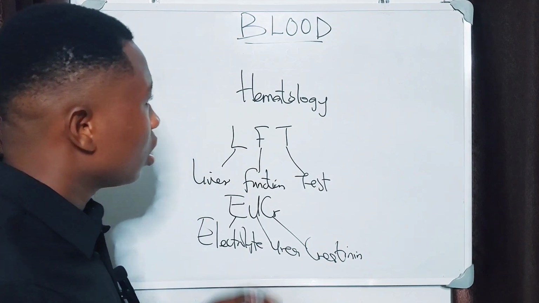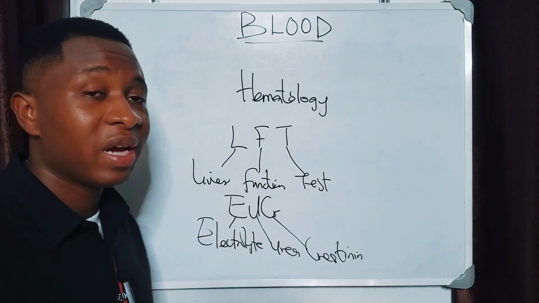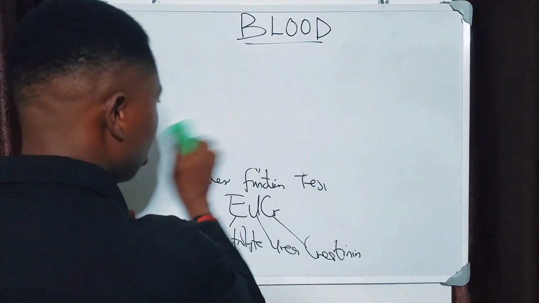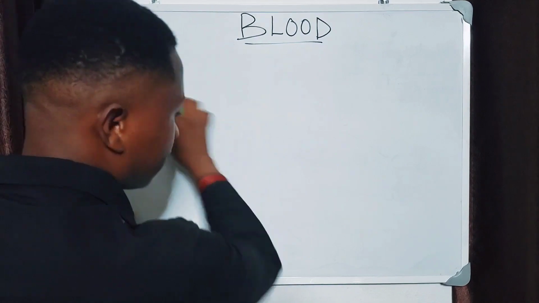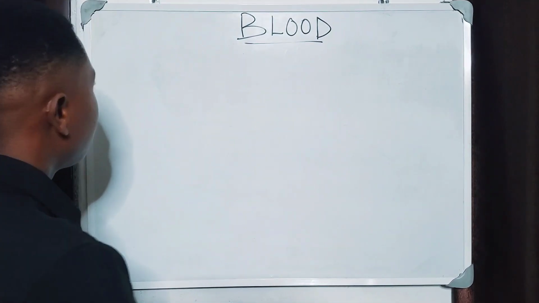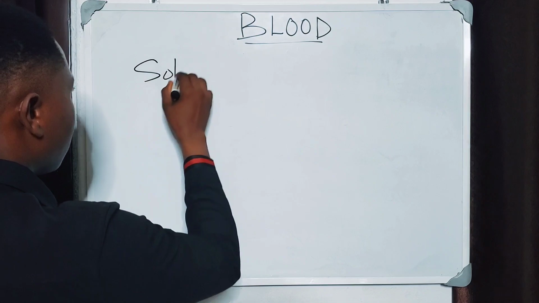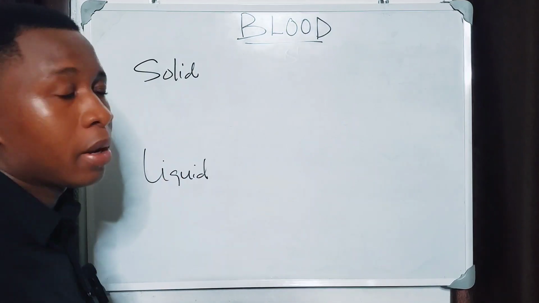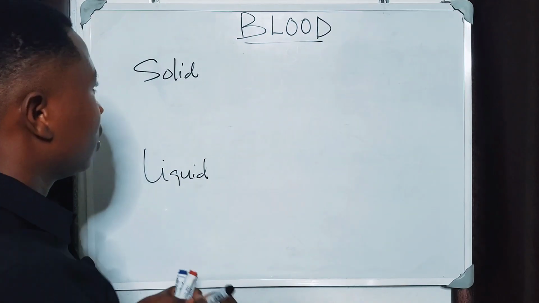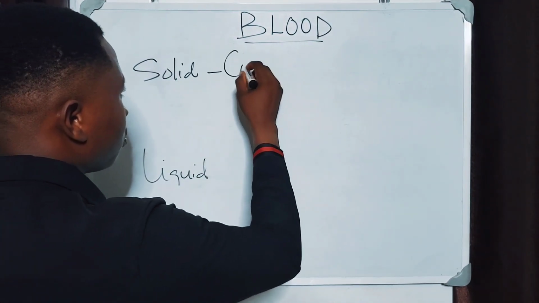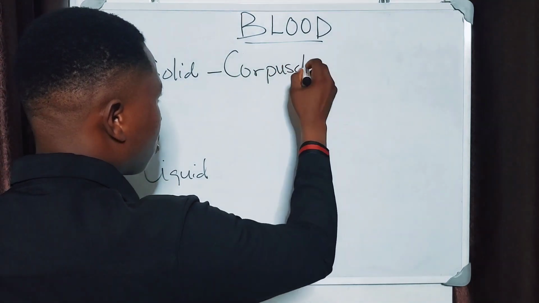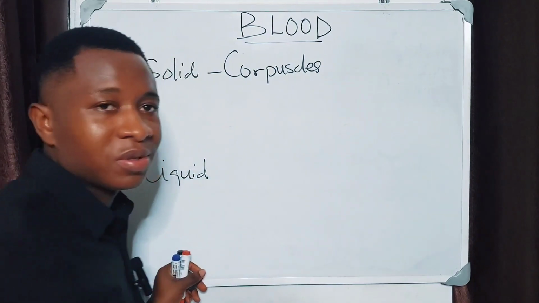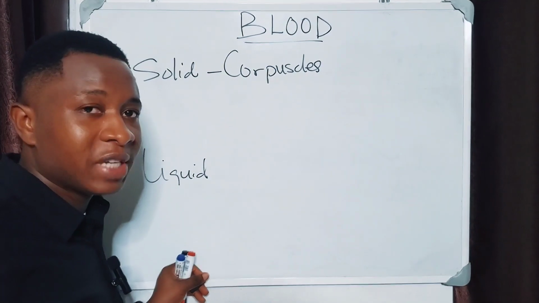The blood basically is divided into two major parts: the solid and the liquid part. Now, the solid part of the blood is referred to as the corpuscles, and the corpuscles are the blood cells. We have different types of blood cells.